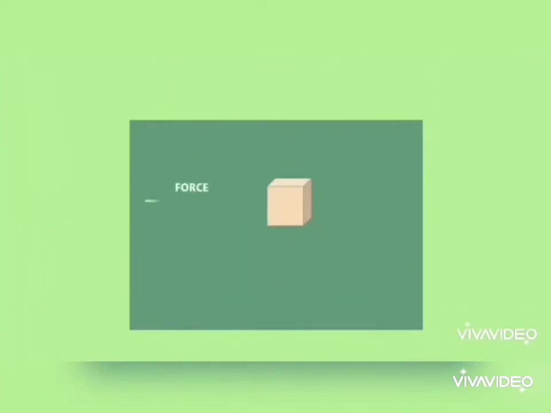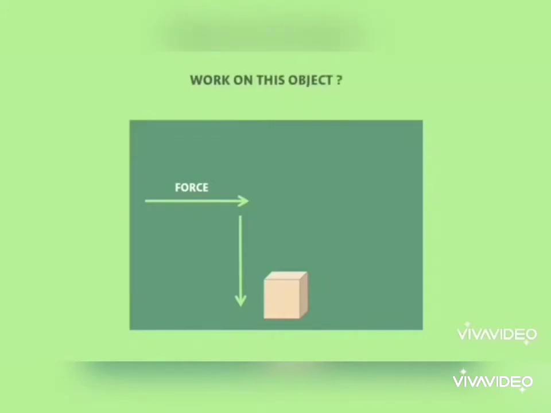Now let's take another block and apply a force in this direction, and suppose the block moves in another direction. So can you say that work is done here on this object? The answer is no. Some may say that we have exerted a force and the object is displaced, so some sort of work is being done.